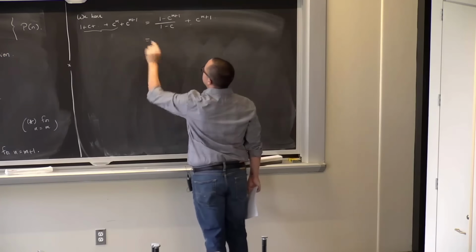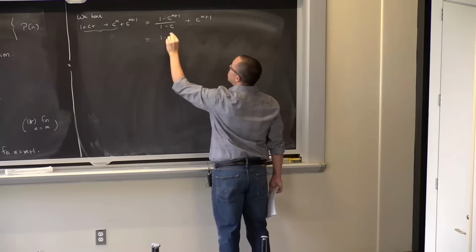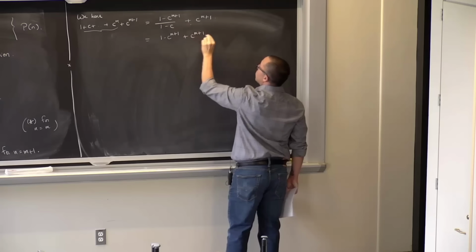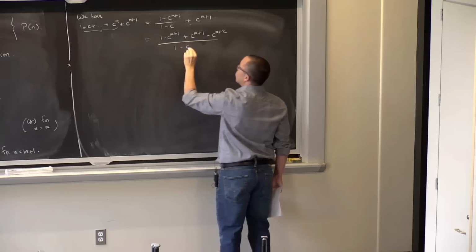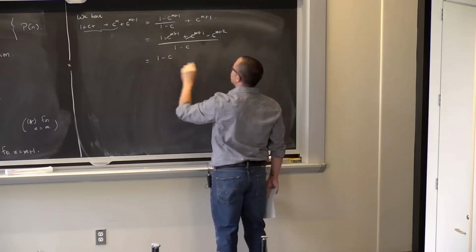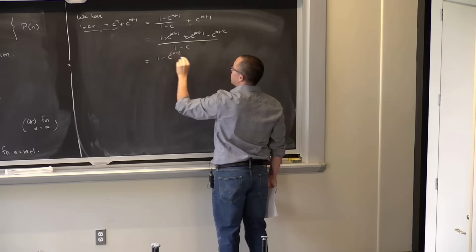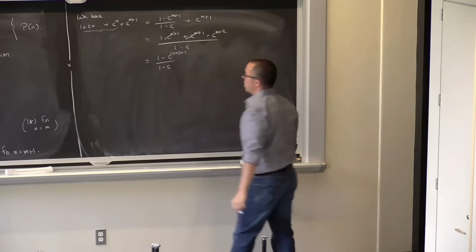And so now we just do a little bit of algebra. This is equal to 1 minus c to the m plus 1 plus c to the m plus 1 times 1 minus c, over 1 minus c. Those cancel, and I'm left with 1 minus c to the m plus 2 over 1 minus c, and I'll write it just so that you can see this is really the m plus 1 case.